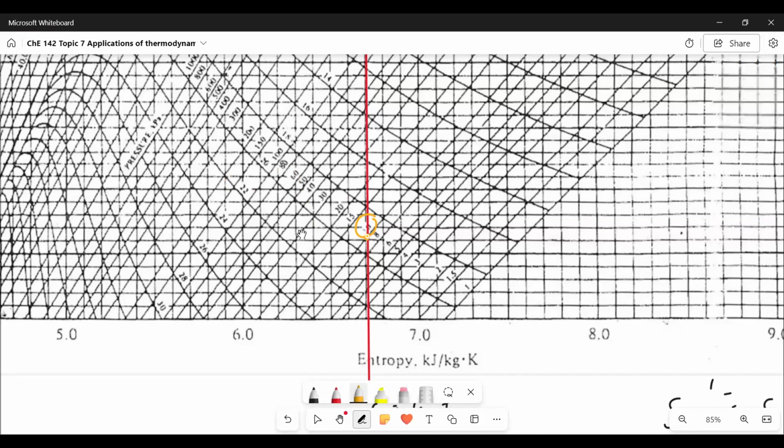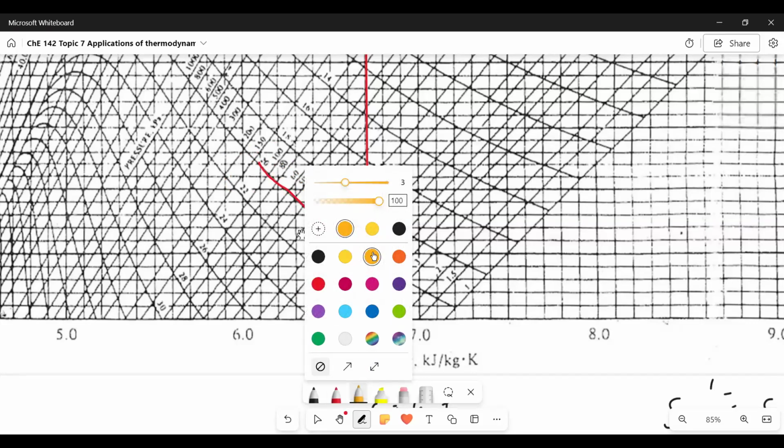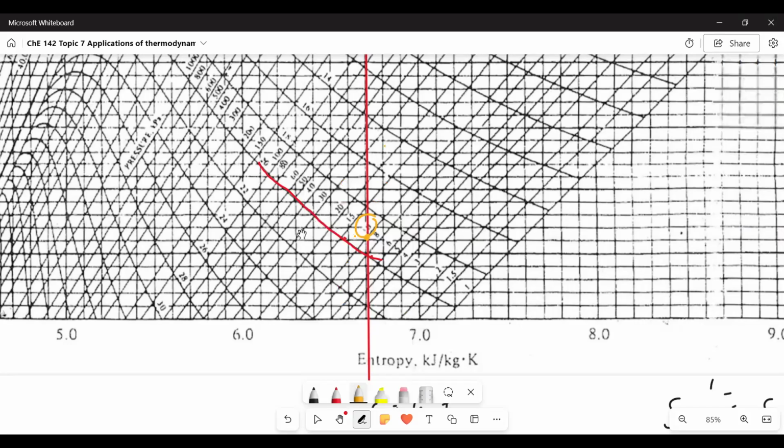So let's trace the line. It's about 20. So this line right here is the moisture corresponding to moisture equal to 20.